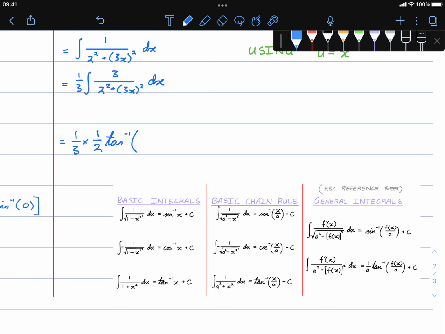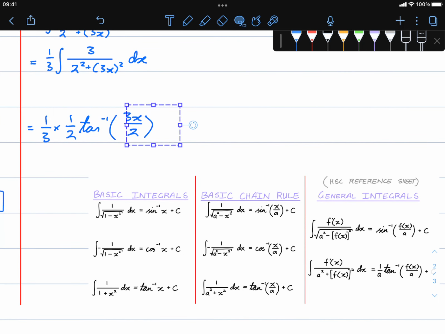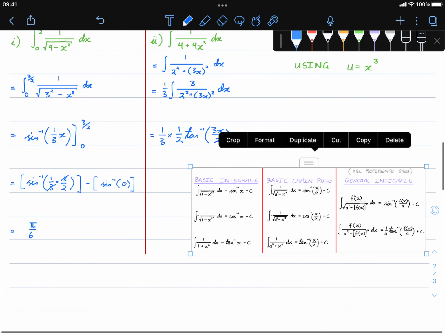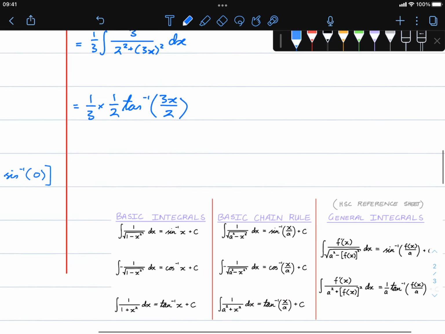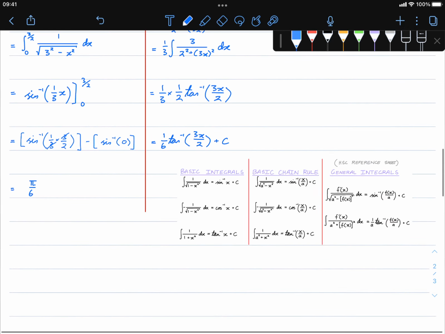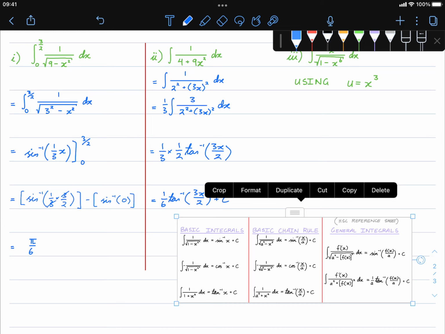So this can be written as 3x on 2. And since this is an indefinite integral, we can actually stop at the next step, where it is going to be 1/6 tan inverse of 3x on 2 plus c. And that right there is our integral.